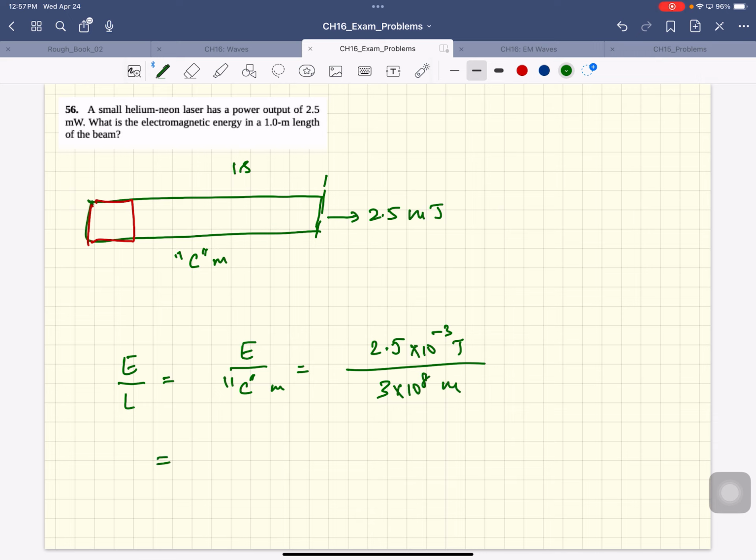So the amount of energy contained within every meter length of that laser beam is 8.3 times 10 to the minus 12 joules.